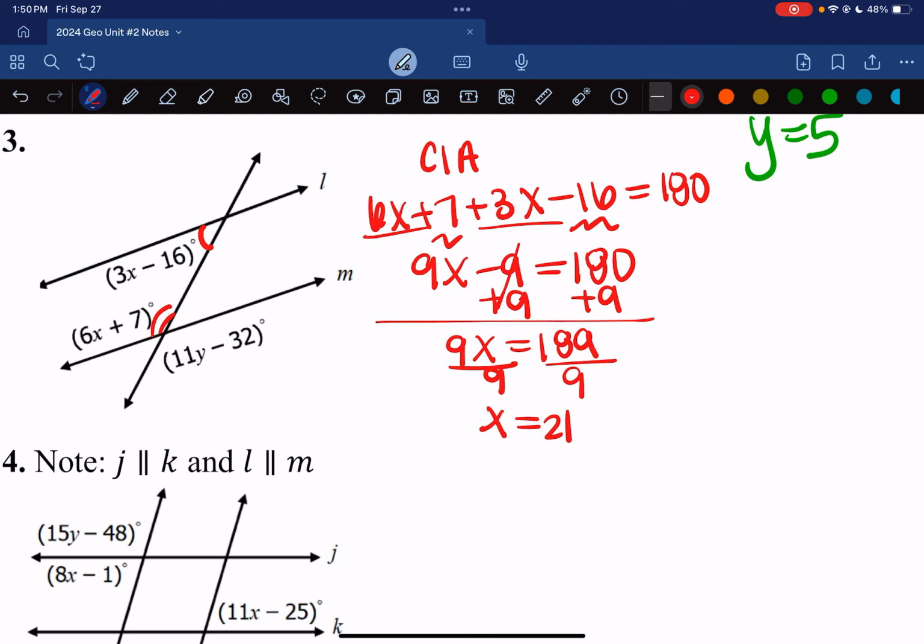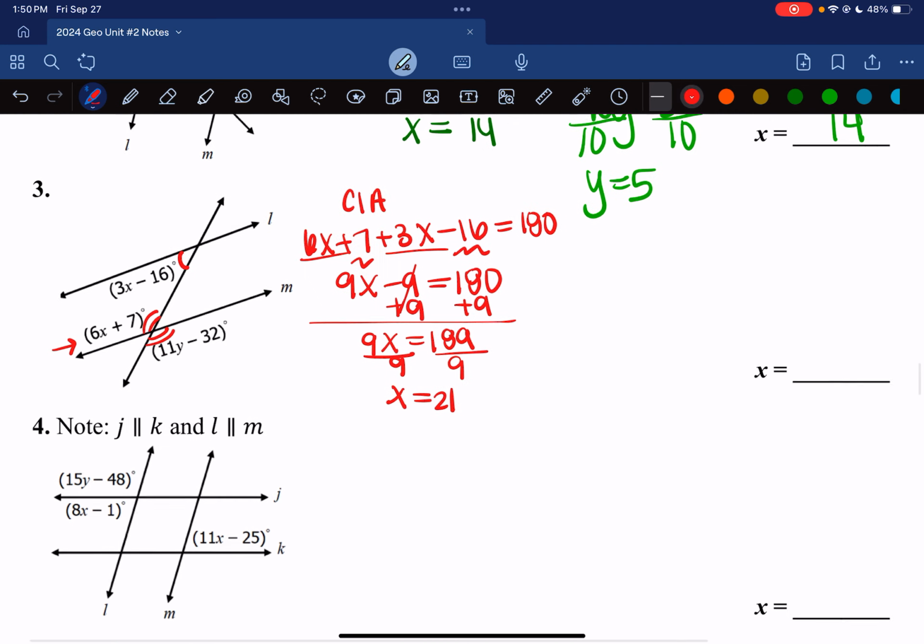Now when we plug back in, we've got to be careful. I would plug back in to this angle right here, because that's the one that's a vertical angle with our y. So if we do 6 times 21 plus 7, I get 133.